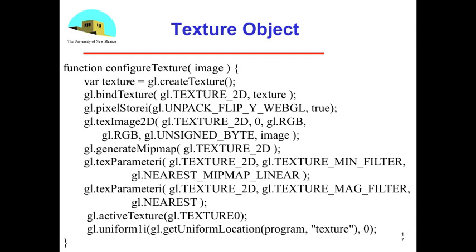Here's setting a texture object. I tend to put these things in separate functions so the code is a little cleaner. So we do a function called configure texture that incorporates most of this stuff within it.